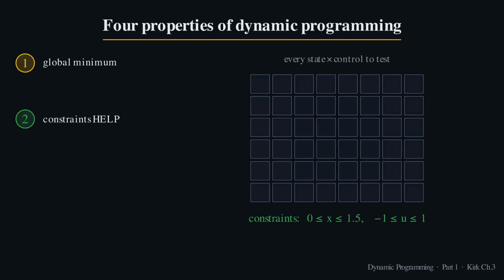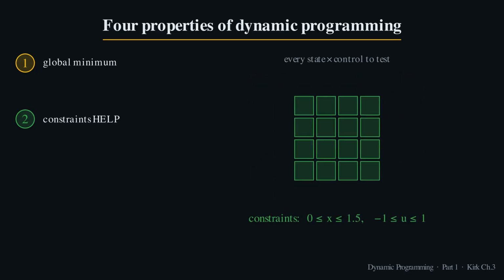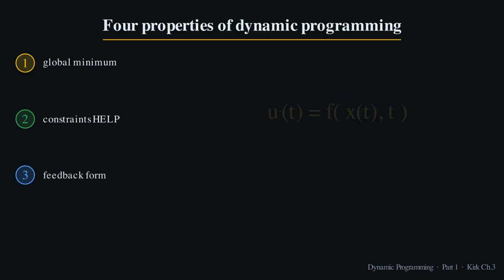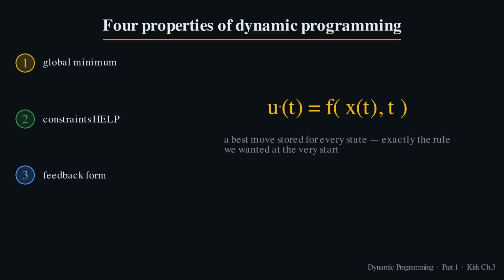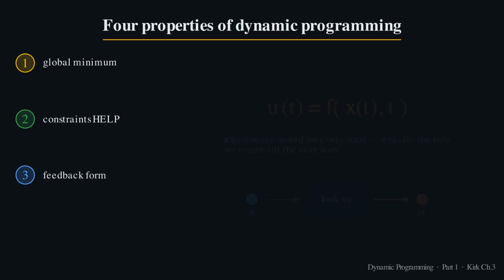Every limit on the state or the control, every wall, every bound, is just fewer options to test. In dynamic programming, restrictions speed you up. 3. The result comes out as feedback, a best move stored for every state, exactly the rule we wanted at the very start.